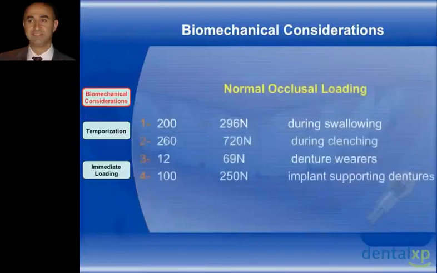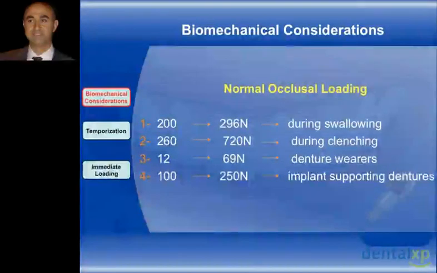Before going into sinus elevation and the prosthetic concepts that we have to put in mind, there are certain figures that all of us as implant dentists, whether we're restoring or placing implants, have to have in mind. That is the normal occlusal loading. As you can see from this slide, there is normal occlusal loading during swallowing, during of course the clenching and grinding, which is not really normal.